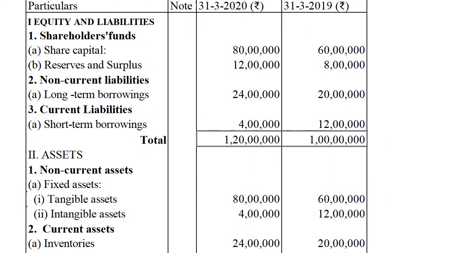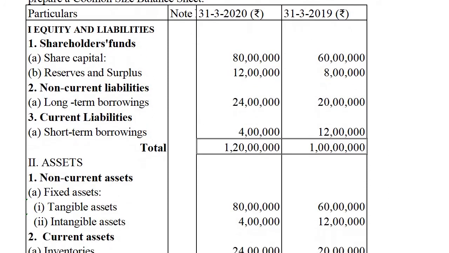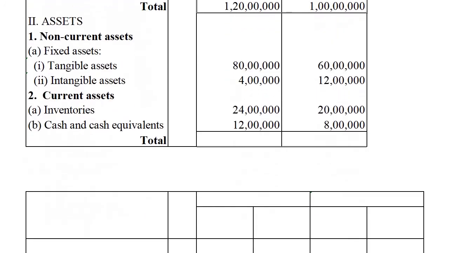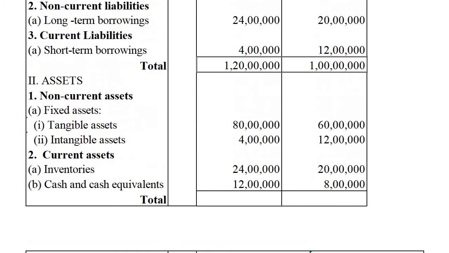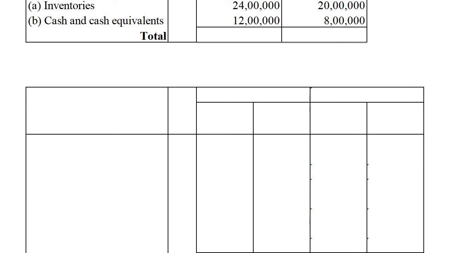Just like this is balance sheet only, the balance sheet is exactly given. Now let us see how to take each item here in the common size balance sheet. So let us see the solution.